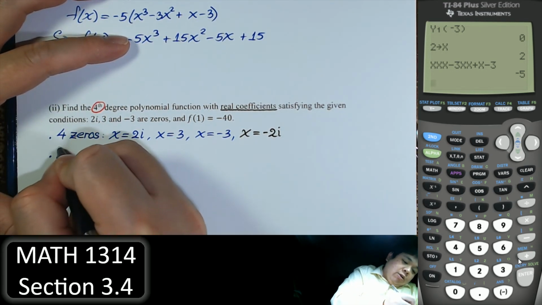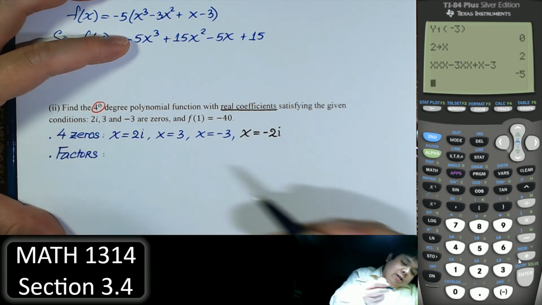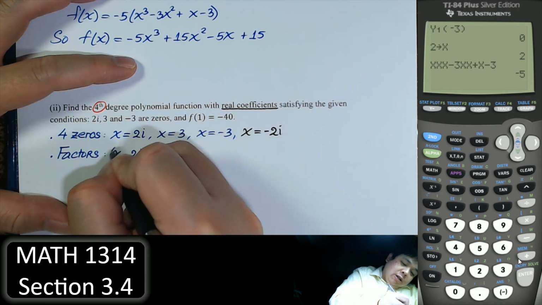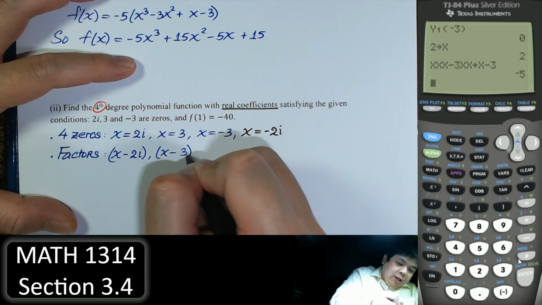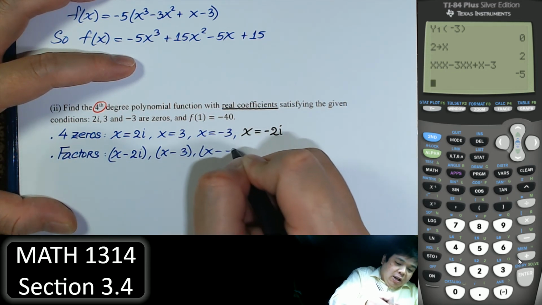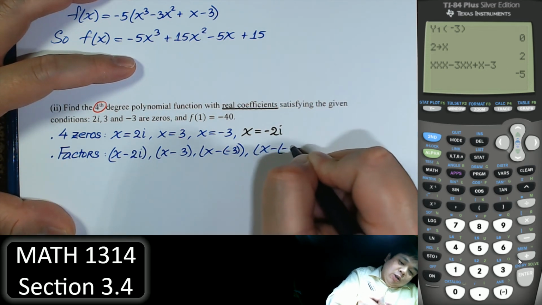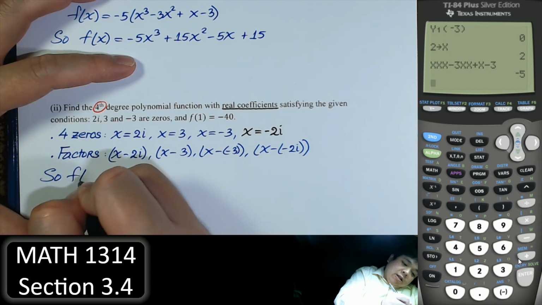Now if those are the zeros, then the factors will be x minus 2i, x minus 3, x minus negative 3, and x minus negative 2i. So we can write f of x.